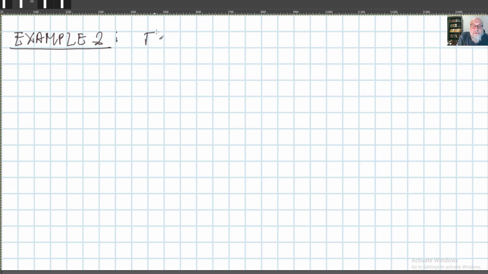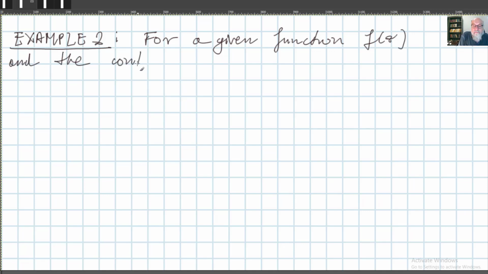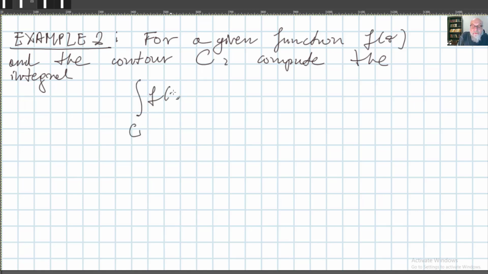For a given function f of z and the contour c, compute the integral over c of f of z dz.